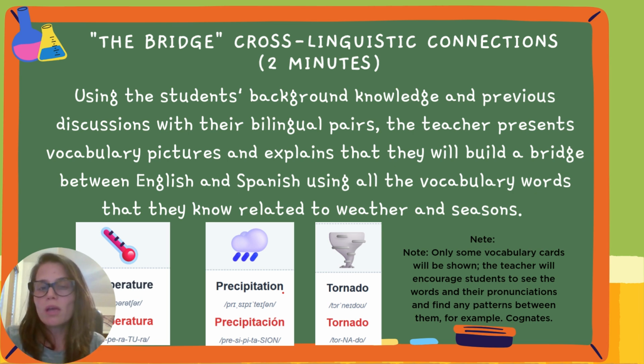So, for example, with the flashcards of temperature, we can see the word in English and the word in Spanish, and we are also adding how we can pronounce the words, so they can hear the pronunciation in each one of the languages. Then we have precipitation or precipitación, and then tornado or tornado.